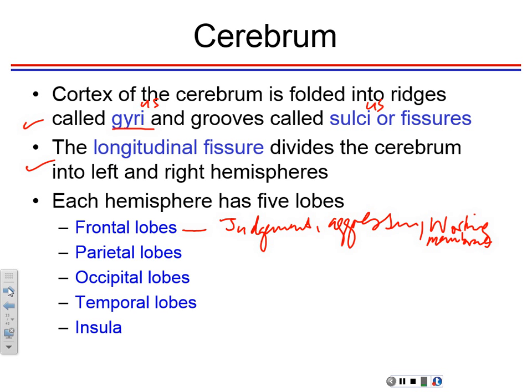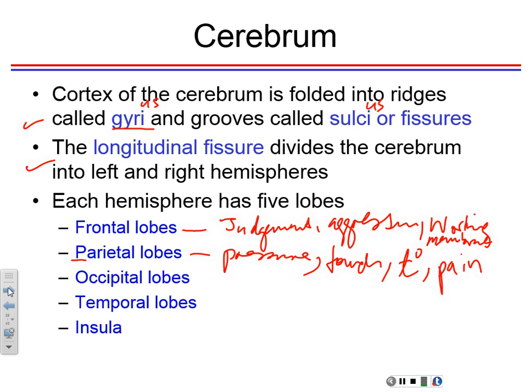Okay. So anyway, the parietal lobe, and these are named after the bone under which they occur. Like the frontal is under the frontal bone, the parietal is under the parietal bone. P for pressure, so that's how I gauge what it does. Pressure, temperature as well, pain.